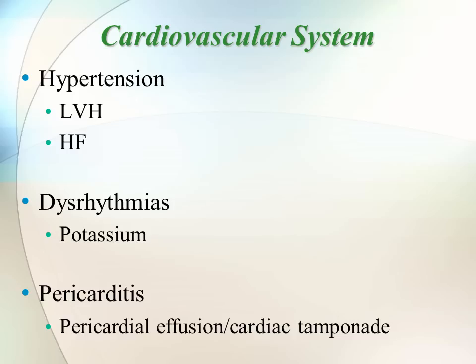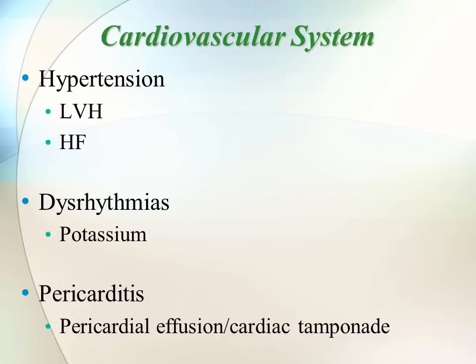Moving on to the cardiovascular system. According to your textbook, MI, ischemic heart disease, peripheral artery disease, heart failure, and stroke are the leading causes of death for people with chronic kidney disease. So let's look at how it works.